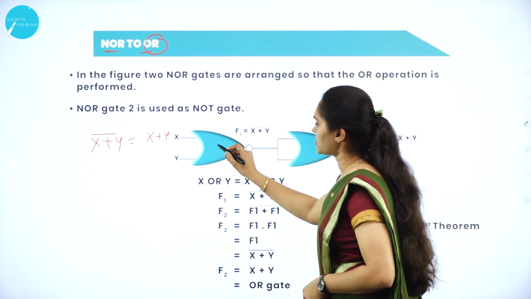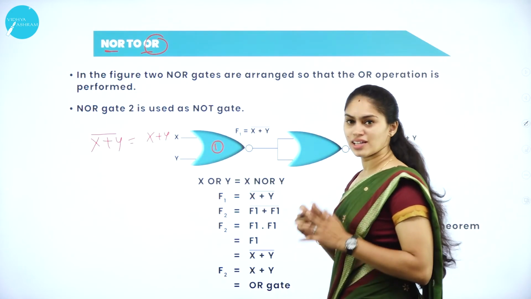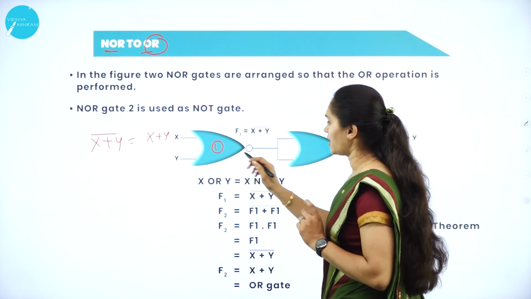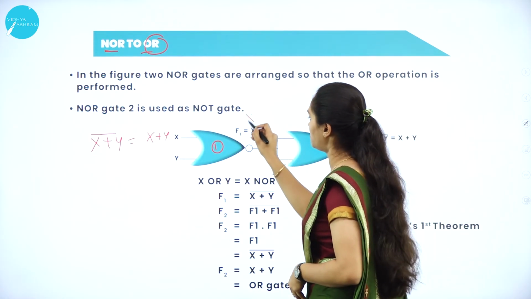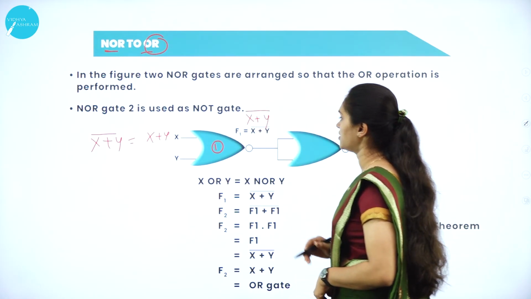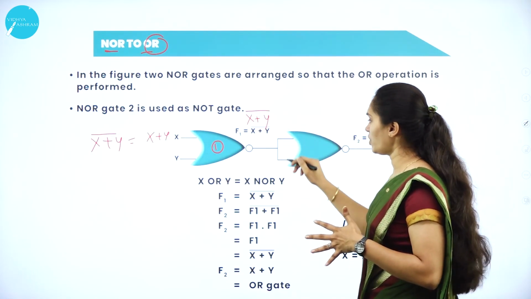Here I have a first NOR gate. What is the input that I am giving? X and Y. These two are the inputs that I am giving to the NOR gate. When I use the NOR gate, this will become complemented, that is (X plus Y) whole bar. I have one more NOR gate. Am I giving two inputs here?